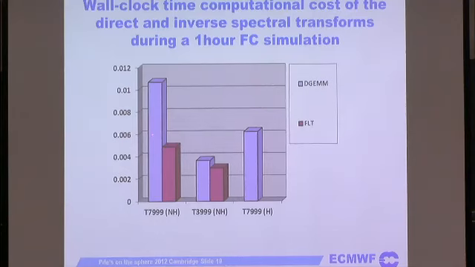So for the non-hydrostatic T8000 simulation, this is for 1 hour, so what we save per hour of forecast is now less than the equivalent cost of the do-nothing hydrostatic model. The thing to point out is that the non-hydrostatic model uses twice as many transformations due to an iterative procedure to keep it stable. Now we hope to work on that as well, but at least we have already reduced the cost substantially.